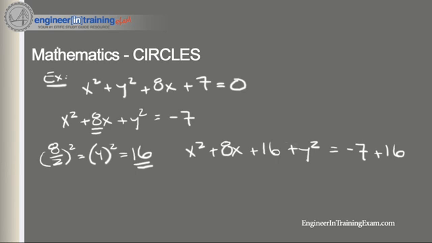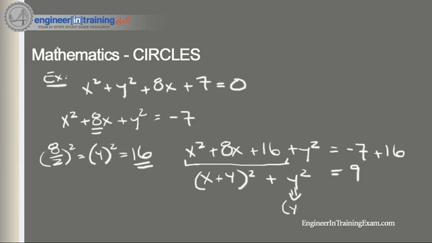Now we can go ahead on this right side and just do this calculation real quick. We got 9, and on the left side here, now we can factor the x term such that it's equal to x plus 4 squared plus y squared, which is also equal to y minus 0 squared, is equal to 9. So now we have our equation, the same equation here.